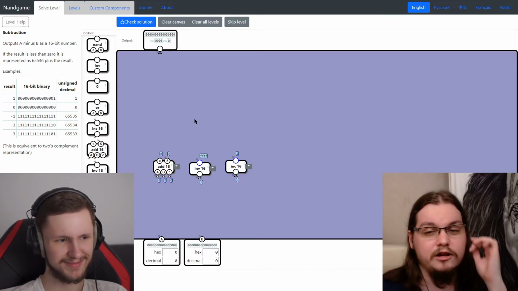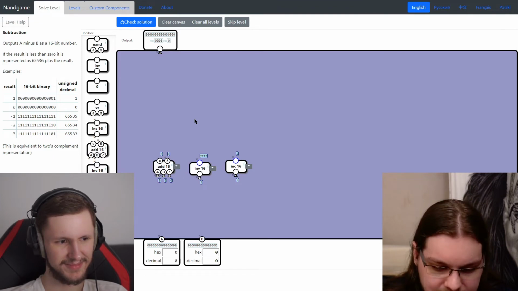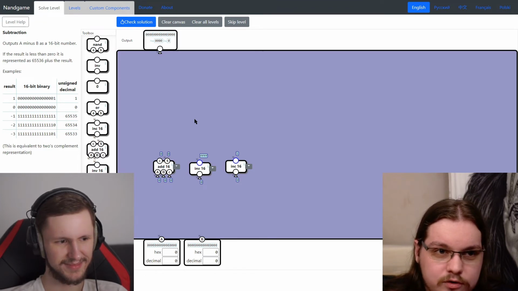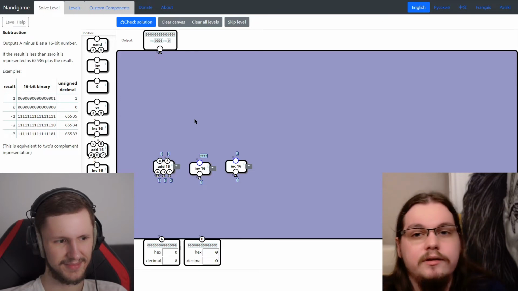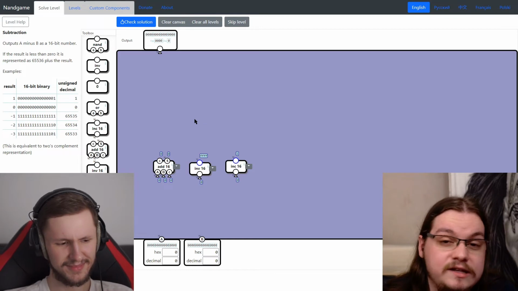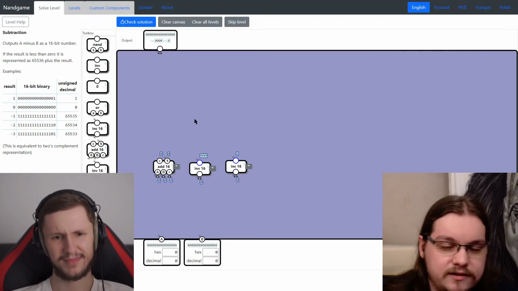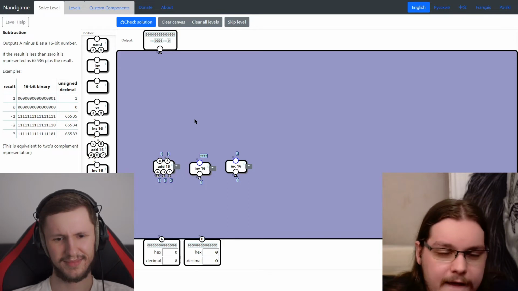Okay. The logic that I had, where you add the inverse of the second number. Now, what if we wanted to subtract 1 from, let's say, 2 to the 15 minus 1? As in 0, 1, 1, 1, 1, we want to subtract 1 from that.